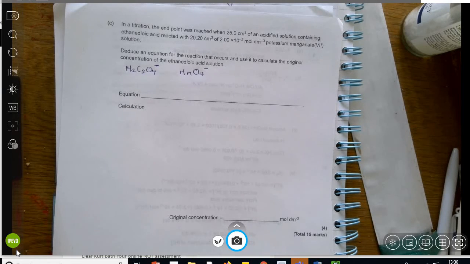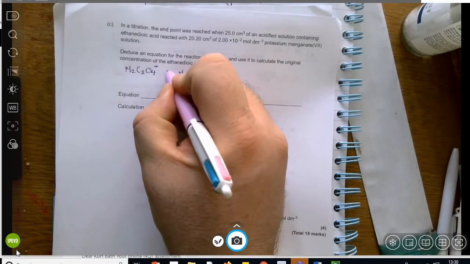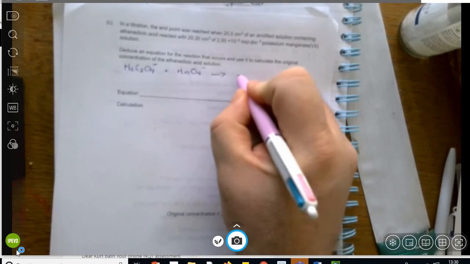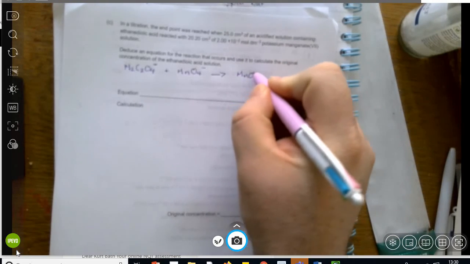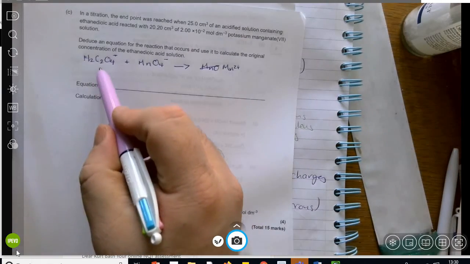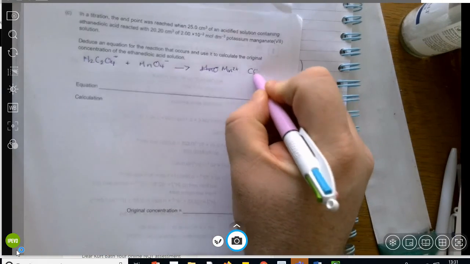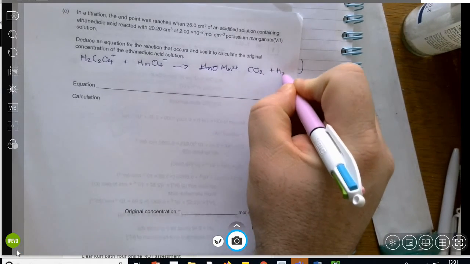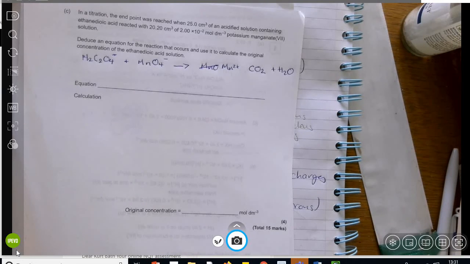Now, what happens to that is that is then going to go to Mn2+ ions, and we're going to end up with CO2 plus H2O. Now, factoring around with this and you have to balance that as your first step.